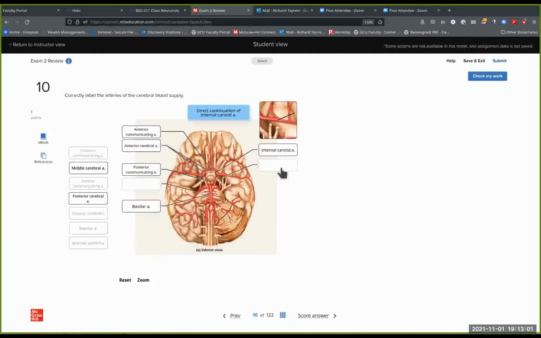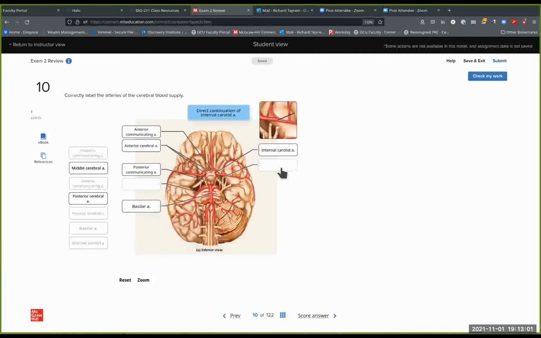And then right here, what is that? Vertebrals. And then let's see, where's that label on the common carotid? Oh, there it is. And then you've got costocervical. So costo always means rib.